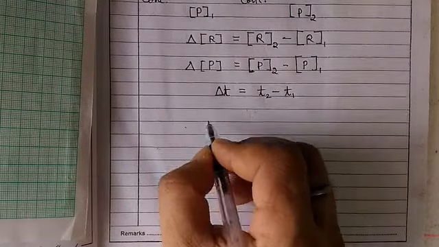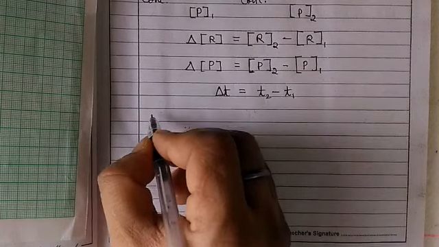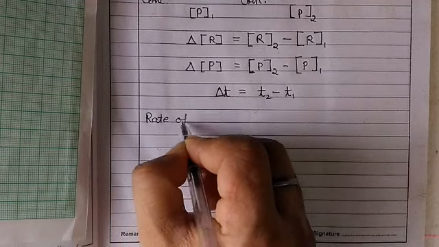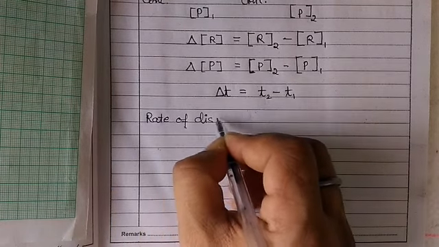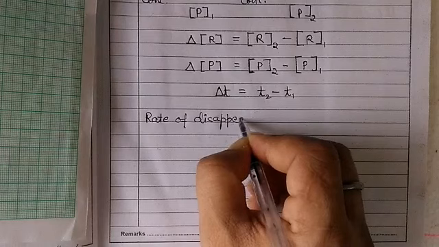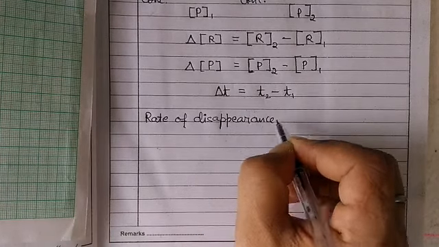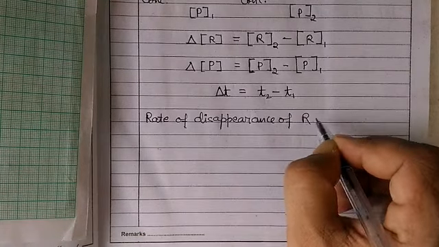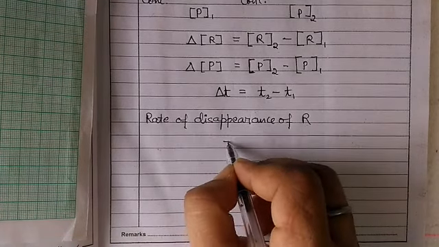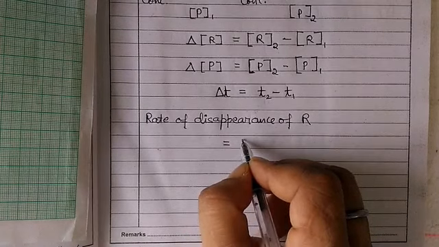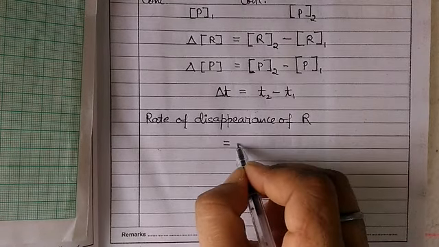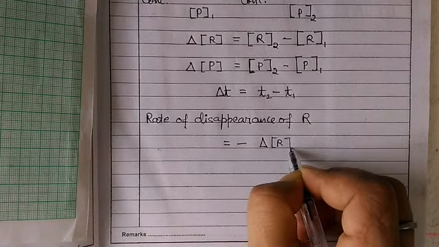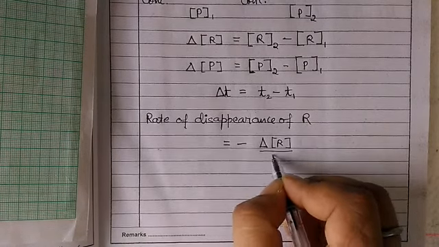The reactants' concentration is decreasing, so we can write the rate of disappearance of reactants R will be equal to how much? It will be represented as negative delta concentration of R with time.